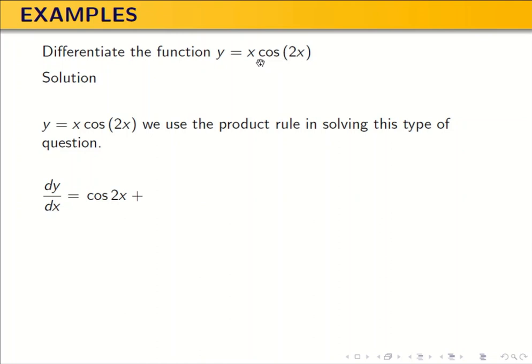So I'll differentiate cos, I'll get minus sine of 2x, then I differentiate this 2x, I'll get 2. So it becomes x times, in the bracket, minus sine 2x times this 2. So minus, then this 2, the differential of 2x, I'll get what? 2. It becomes minus 2x sine 2x. Simplifying, I'll get cos 2x minus 2x sine 2x.